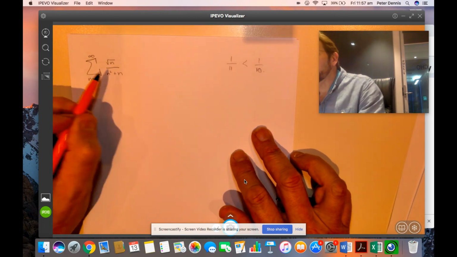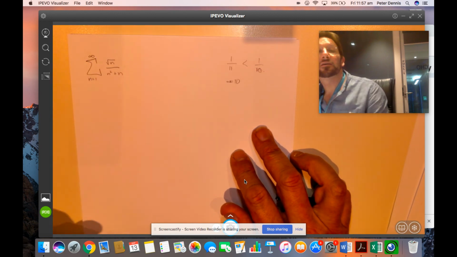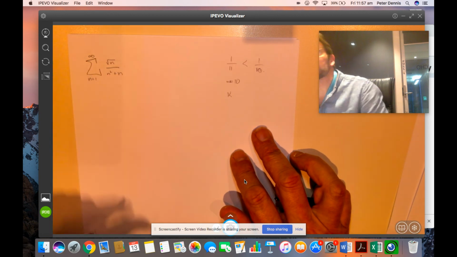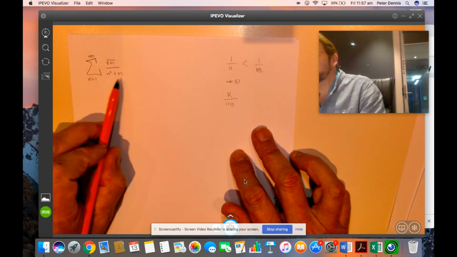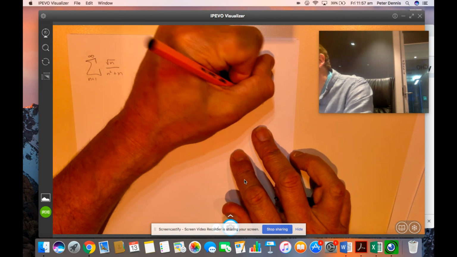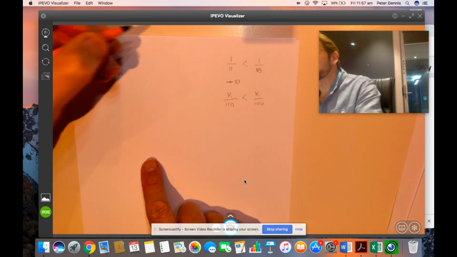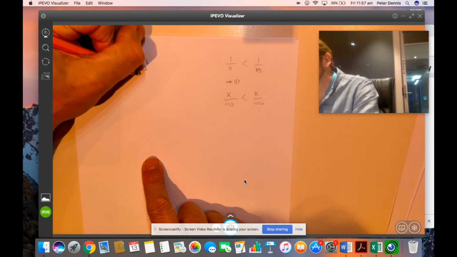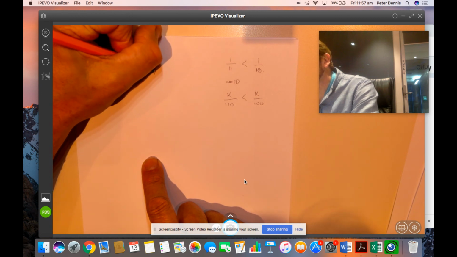If we let n equal 10, we would have the square root of 10, let's call it a constant k, over 10 squared plus 10, which is 110. We know that is smaller than k over 100. So again, that is going to be our comparison: this is less than the sum of n equals 1 to infinity of the square root of n over n squared.